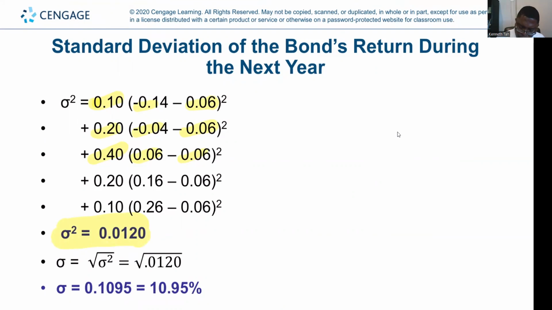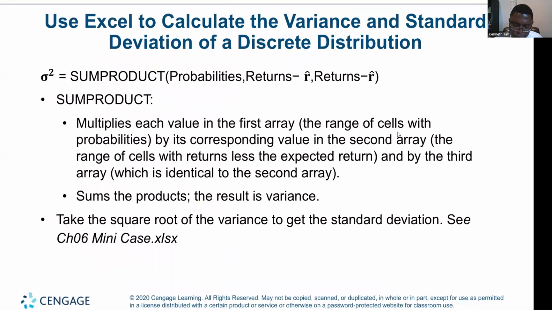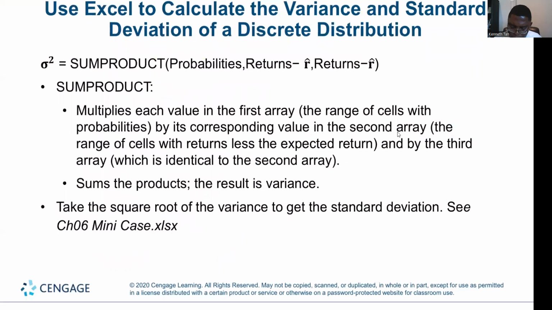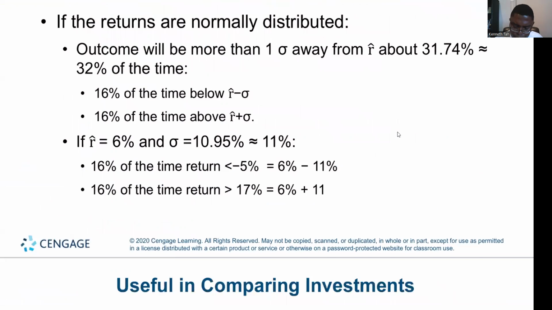We take the square root, and our final answer becomes 10.95%, which is the standard deviation. So that's how we calculate the return and risk of a single asset. We can also use formulas in Excel in calculating that.